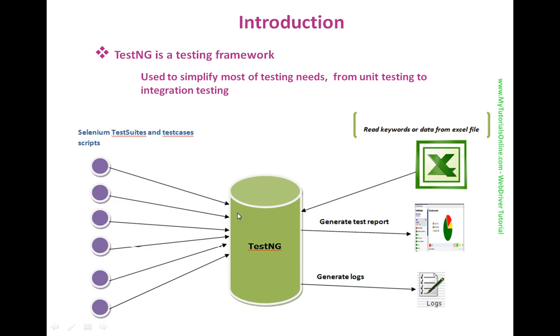After the test cases are executed, TestNG takes the responsibility of generating the test reports and also generating logs. So it works as a mediator between the data and the functionality, and it takes the responsibility of generating the test reports and logs.